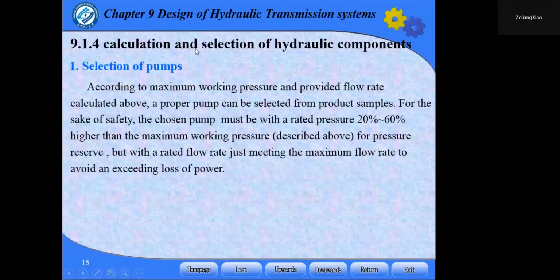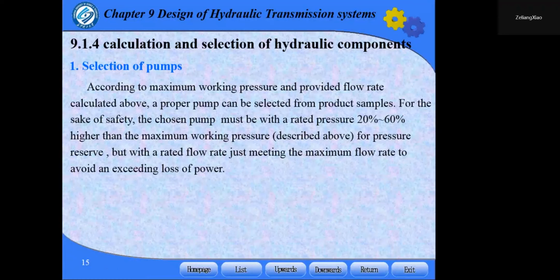I guess you have finished your homework 1, which is related to the pressure and the flow rate. So in this section, a proper pump can be selected from product samples.